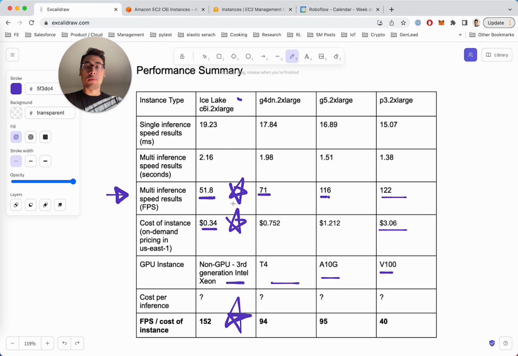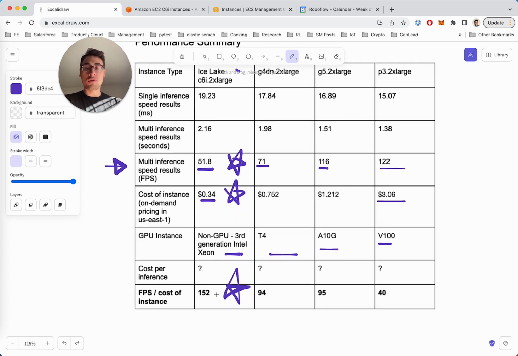With that said, we can get an overall analysis of the speed to cost ratio down here in this final row. For the Ice Lake, what you get for the price point to speed ratio is a rating of 152. We get this rating by just taking the FPS and dividing it by its cost.